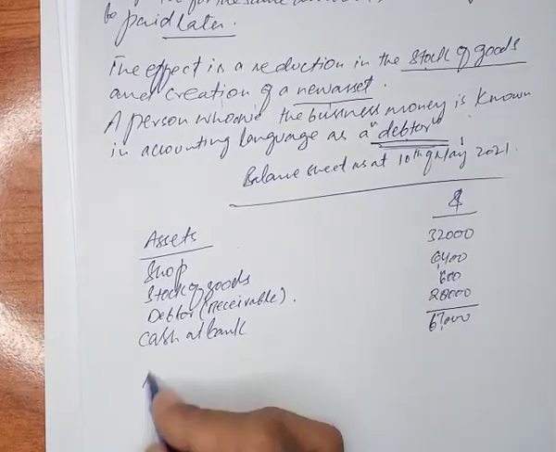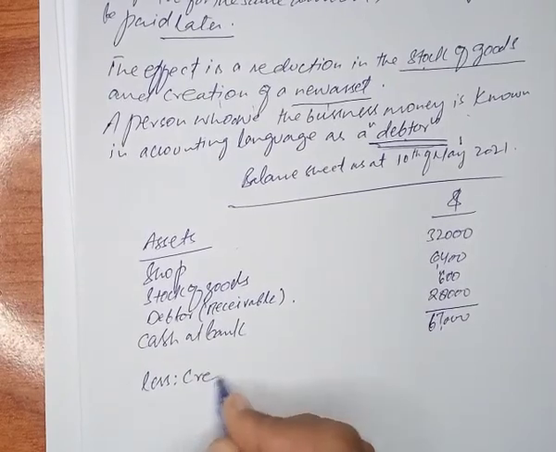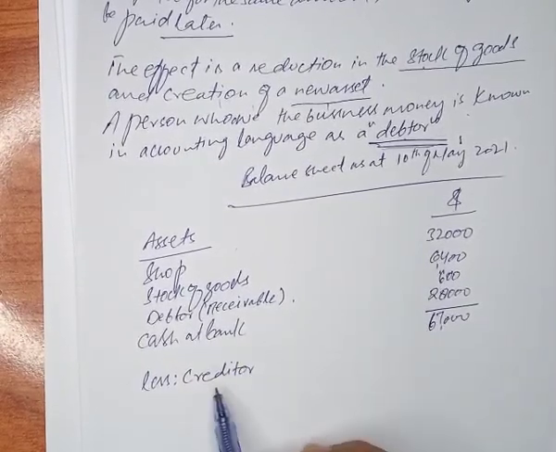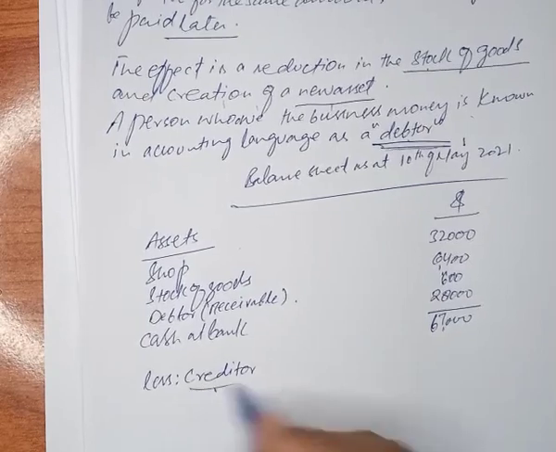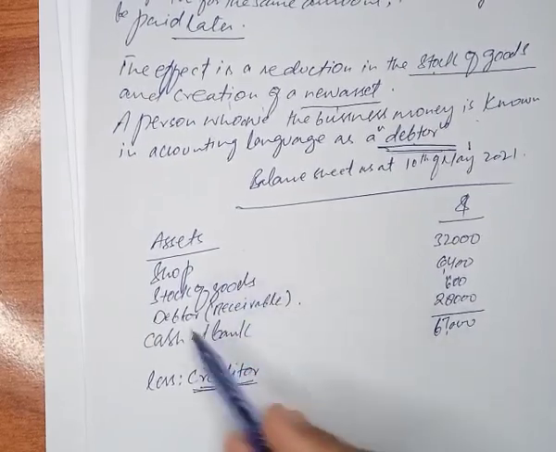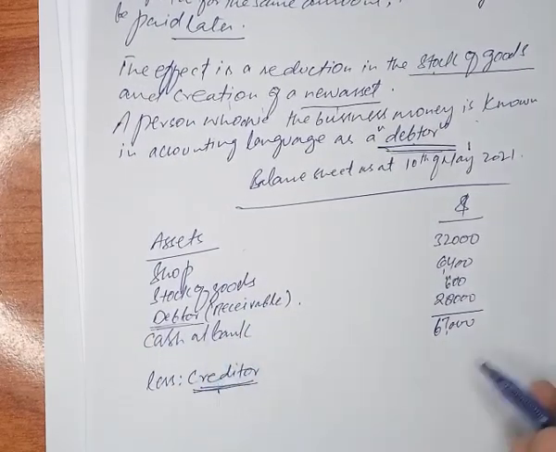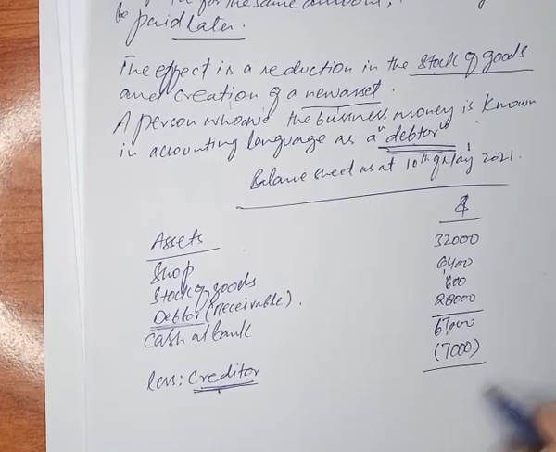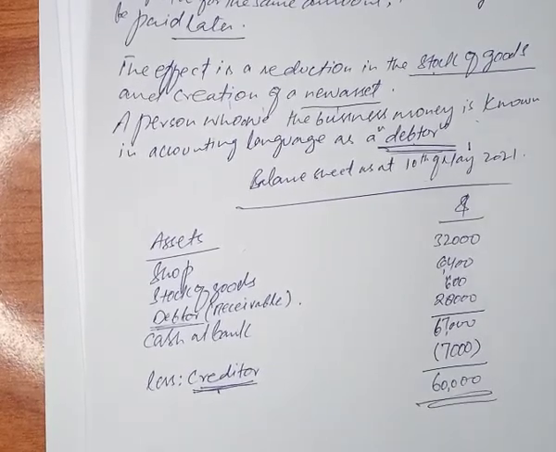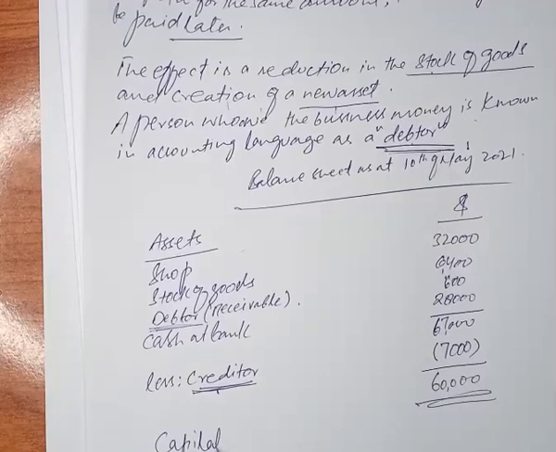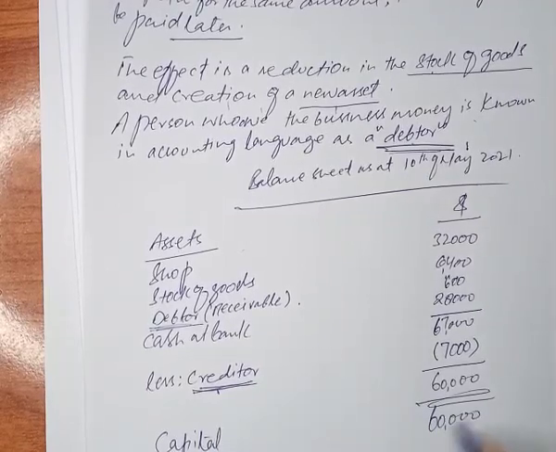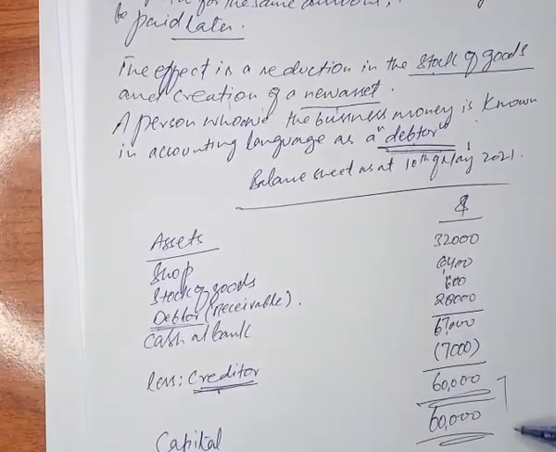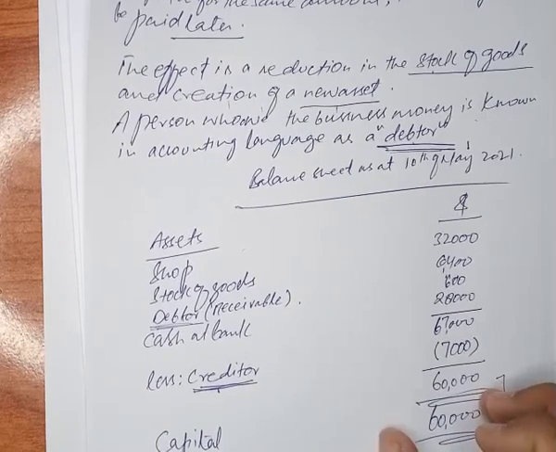Less creditors, to whom we owe the money. This is an opposite of debtor. So $7,000, 60,000, and the capital is still same, that is 60,000. So in the end, accounting equation is always same, that is asset is equal to liabilities plus capital.